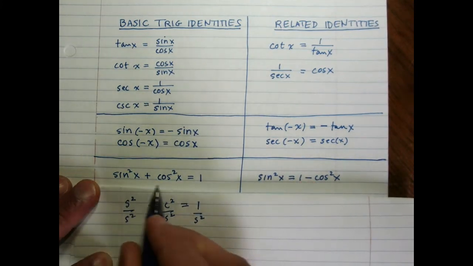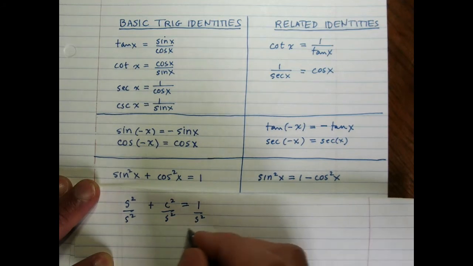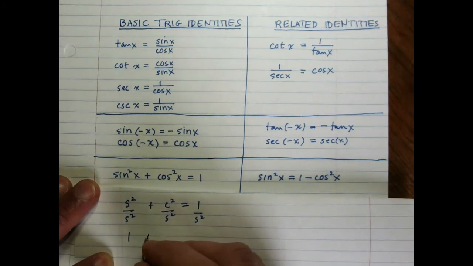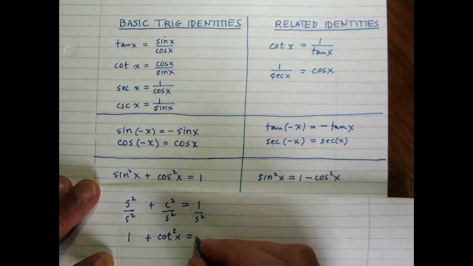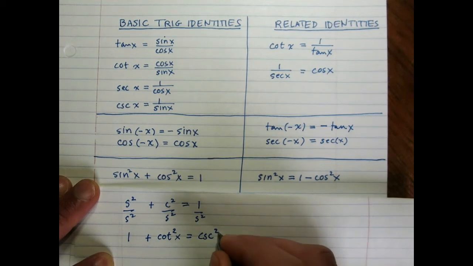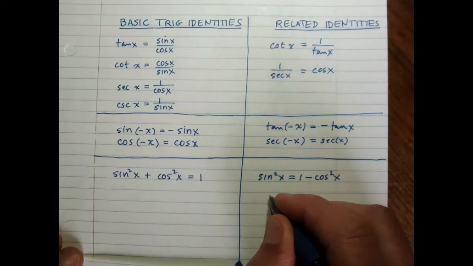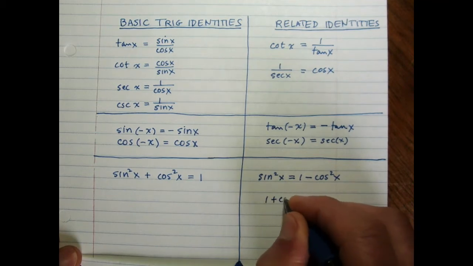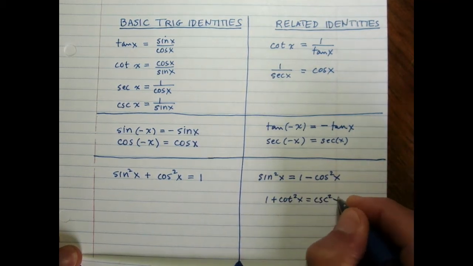We can obtain a related identity to this basic Pythagorean identity: when we divide by sine squared, we get 1 plus cosine squared over sine squared, which is cotangent squared x, equals 1 over sine squared, which is cosecant squared x. So 1 plus cotangent squared x equals cosecant squared x.